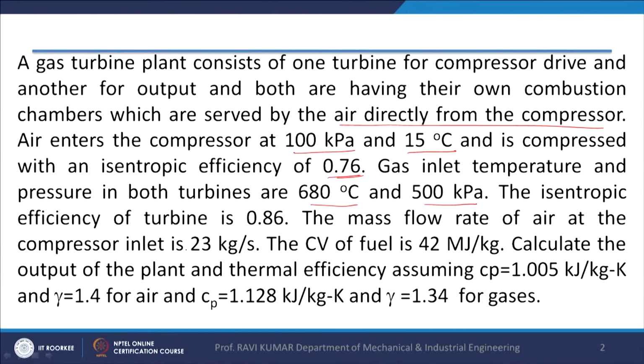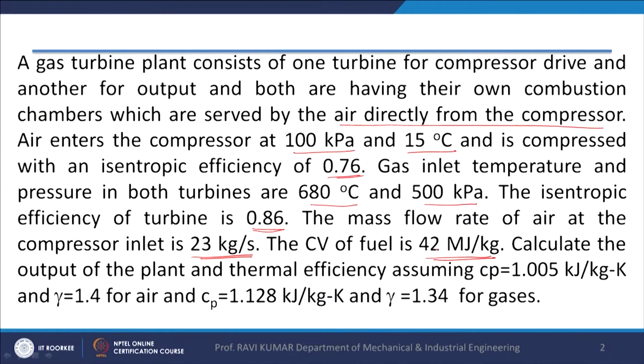The isentropic efficiency of turbine is 0.86. The mass flow rate of air at compressor inlet is 23 kg per second. So, it is possible out of this 23 kg, 7-8 kg is going to the turbine which is driving the compressor, remaining 15-16 kg per second is going to another turbine which is giving the output.